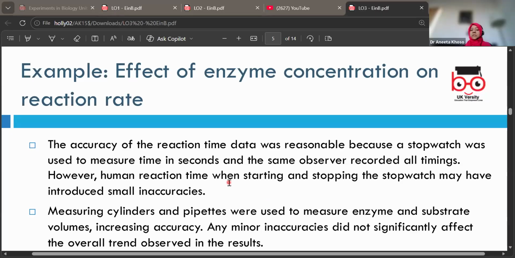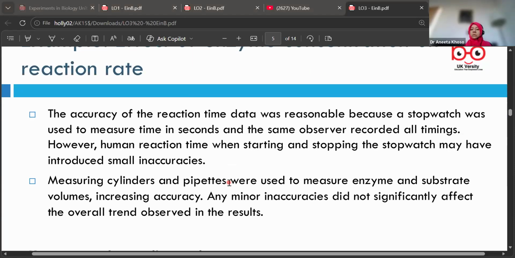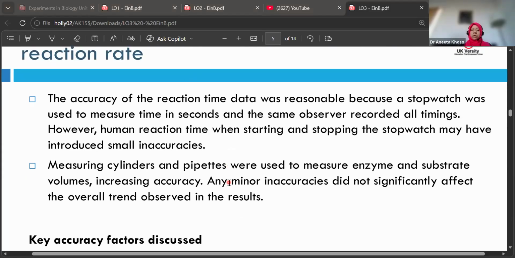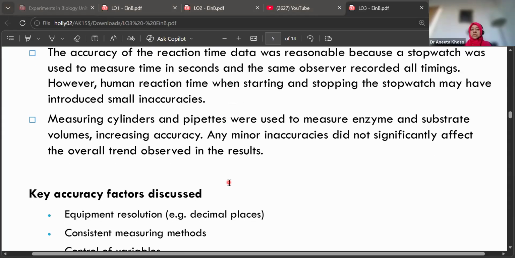However, human reaction when starting and stopping the stopwatch may have introduced some inaccuracies. Measuring cylinders and pipettes were used to measure enzyme and substrate volumes, increasing the accuracy. Any minor inaccuracies did not significantly affect the overall trend observed in the results.